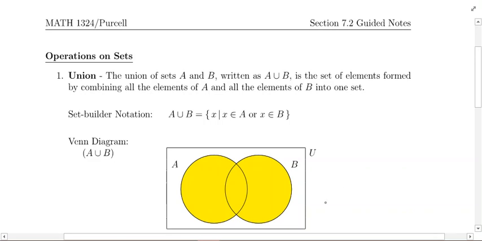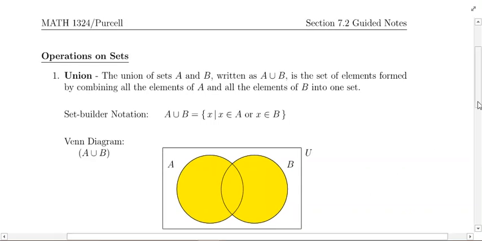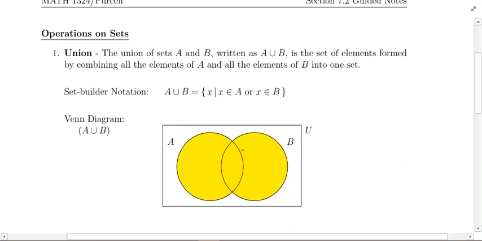If you go to page 4, right here you can see what a Venn diagram looks like. We'll talk about this specific Venn diagram in just a second, but you see a rectangle, and outside the rectangle you see the letter U. That indicates that the rectangle is representing the universal set, so everything under consideration in the problem is inside the rectangle.